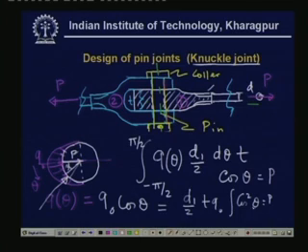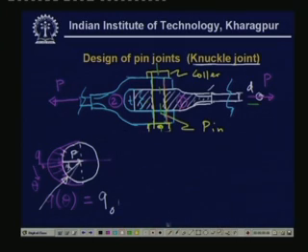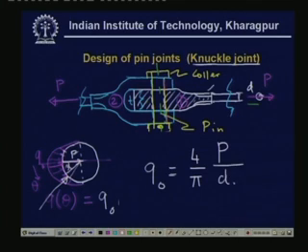So ultimately q naught is equal to 4 by pi times P divided by d1 T. This is the maximum pressure developed here.